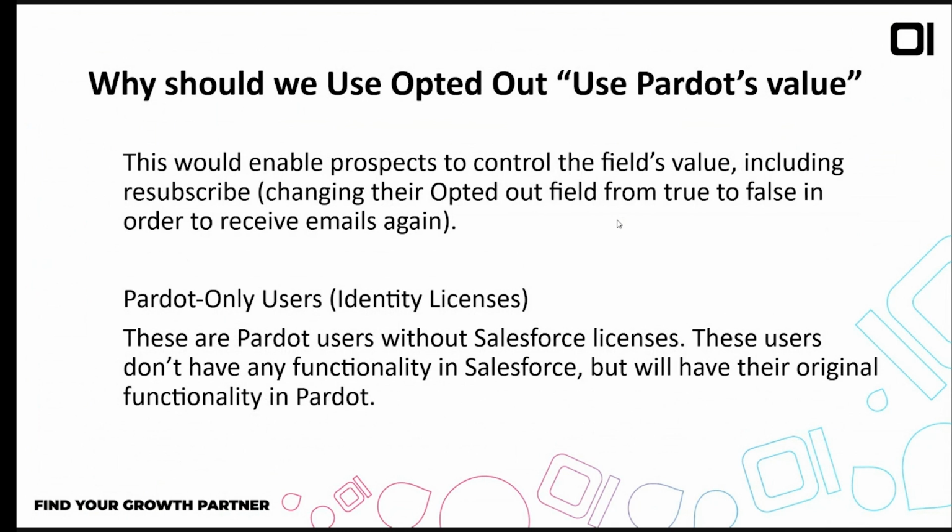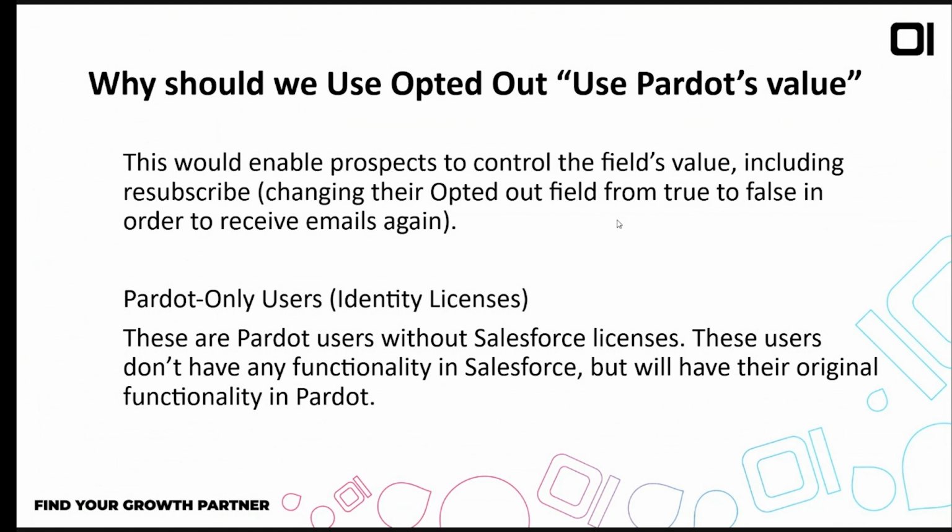Moving on, for the opted out, use Pardot's value. So this would enable your prospects to control the field's value, including resubscribe. So when you send an email to them, they unsubscribe. They can resubscribe once they want to receive your emails again.